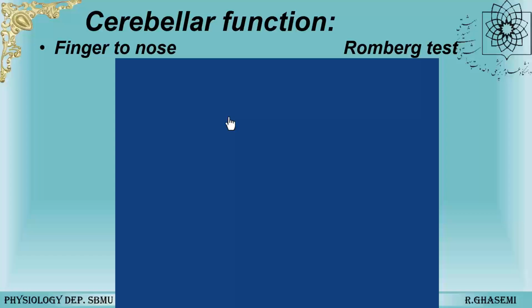The cerebellum is involved in the learning of motor movements and motor memory, timing of the movement, and the correction of the movement according to the feedback that it receives. Therefore, there are several tests, and I bring some of them for you. I am not going to provide all of them.